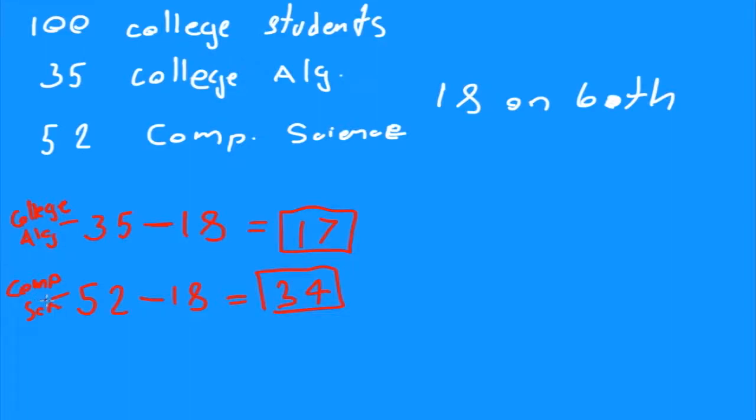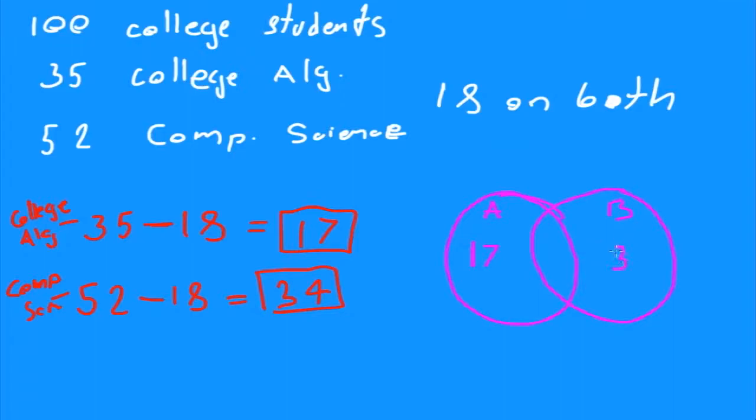Now, what about the number of students that are in both courses? Well, let's do this circle thing, this diagram. I know it sucks, but it'll do the trick. So let's say that college algebra is A and that computer science is B. Well, at A we have 17, right?